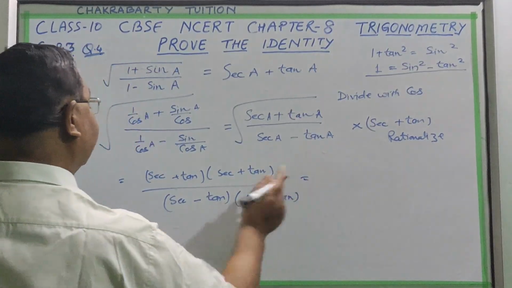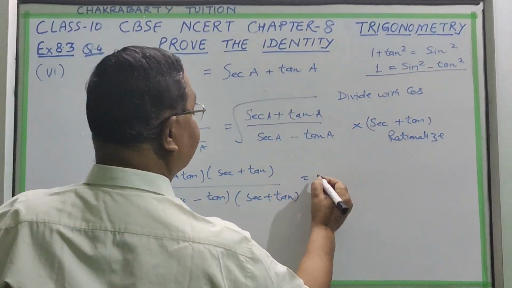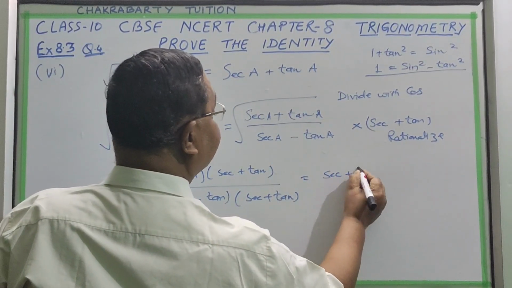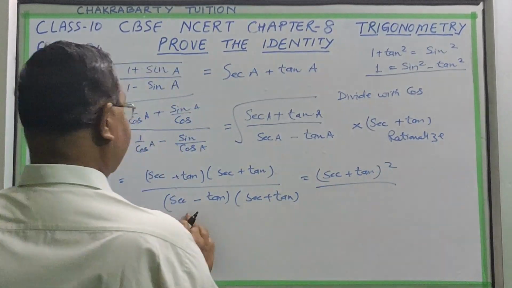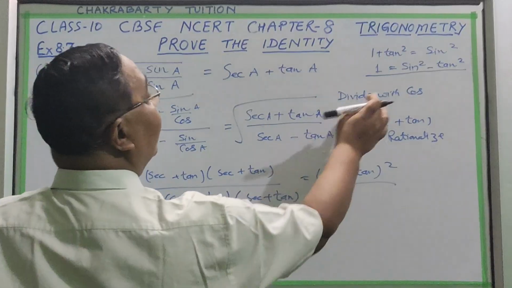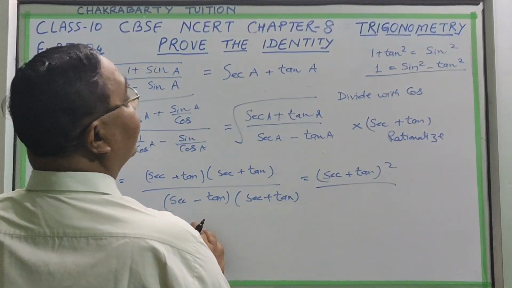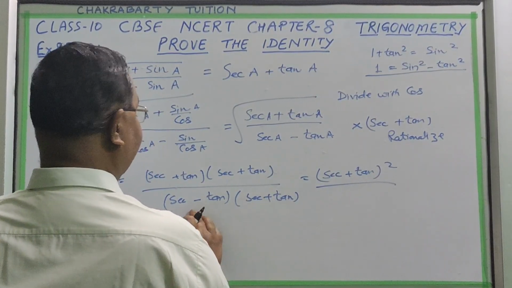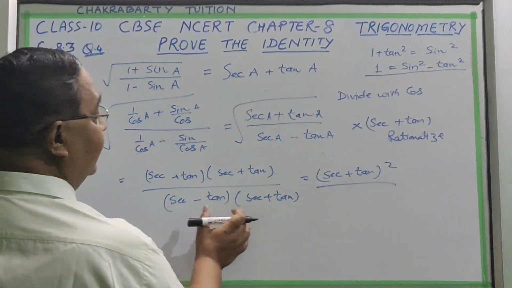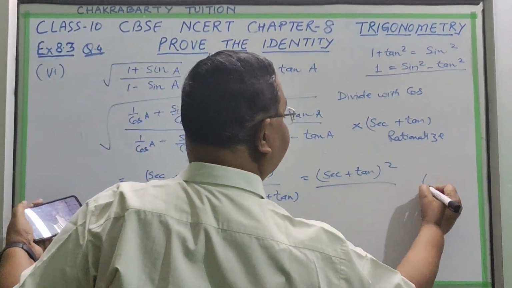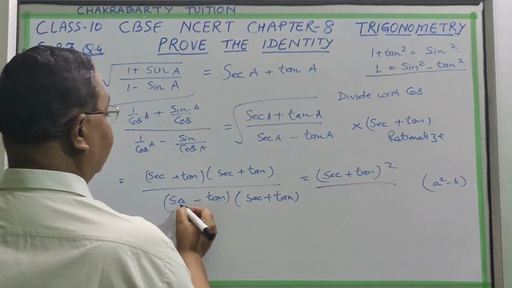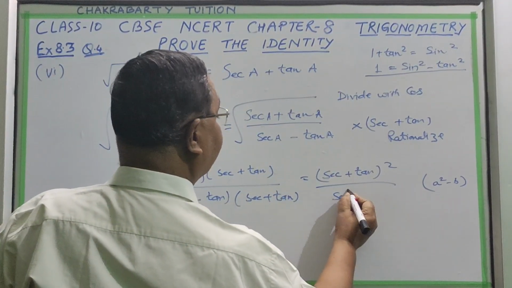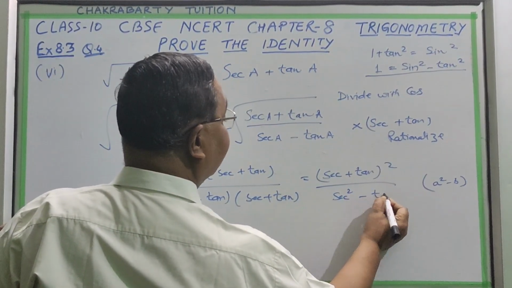So sec plus tan, squared, we can write, and here sec minus tan times sec plus tan, we can use a square minus b square for the lower side. So it becomes sec square minus tan square.